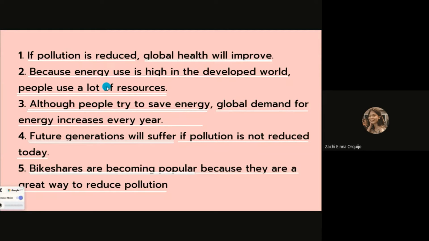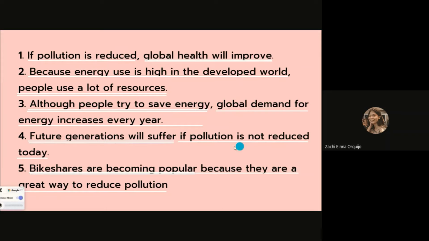Yun ang effect or yun ang bunga. Pangatlo, although people try to save energy, global demand for energy increases every year. So ang effect po ay although people try to save energy at ang cause ay global demand for energy increases every year.